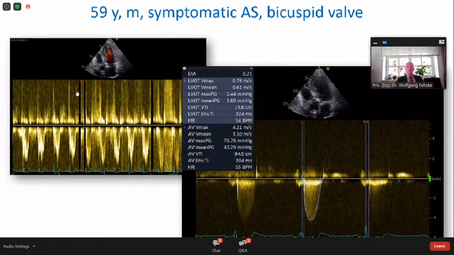What we normally prefer is to take the shadow in the CW Doppler, and we take the velocity from this shadow. The velocity in the valve by CW Doppler is the highest velocity, and we have the DVI, the quotient between the two velocities, as an indicator for severity.